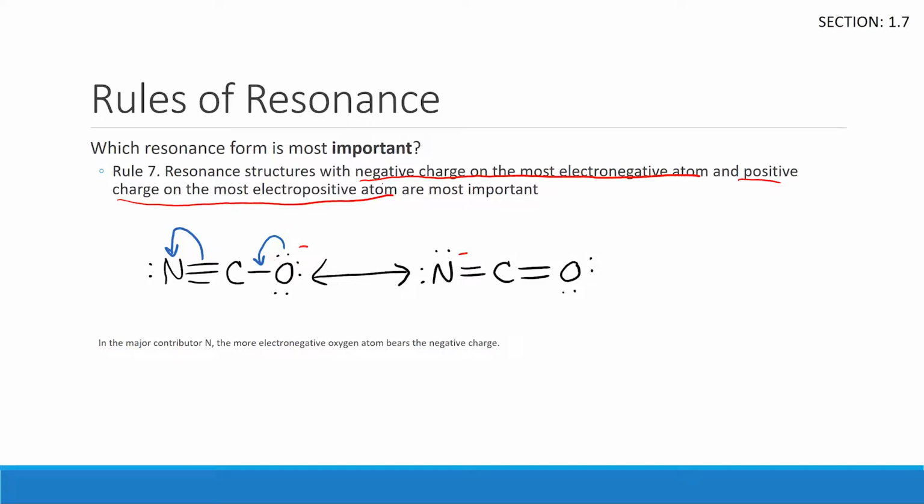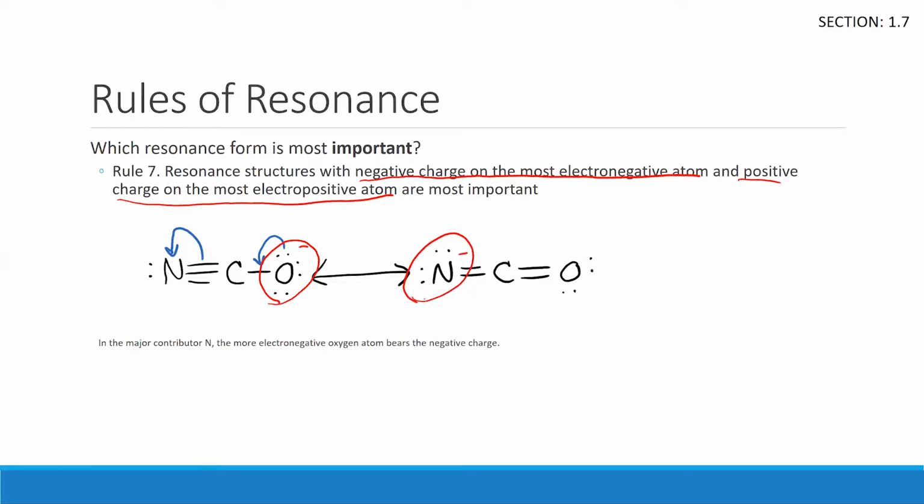So here we have 2 forms. They have the same number of covalent bonds. They have the same charge. Both of them have a negative formal charge. The only difference is that in resonance structure A, there is a negative charge on the oxygen, and in resonance structure B, there's a negative charge on the nitrogen.